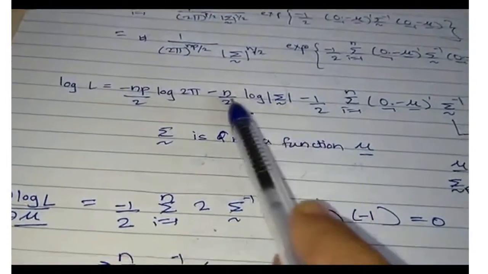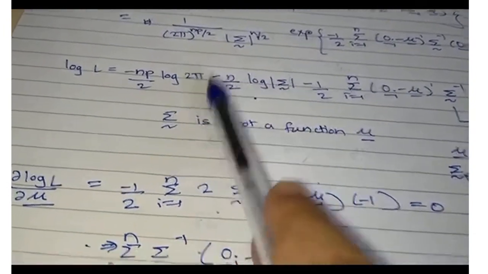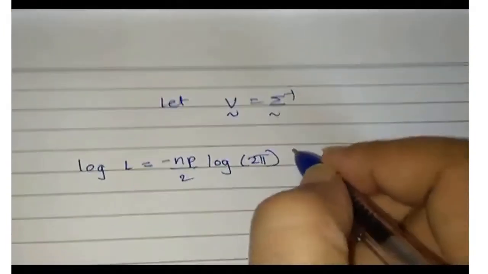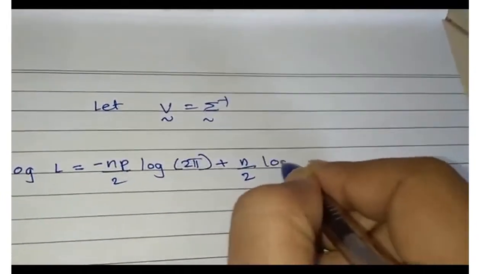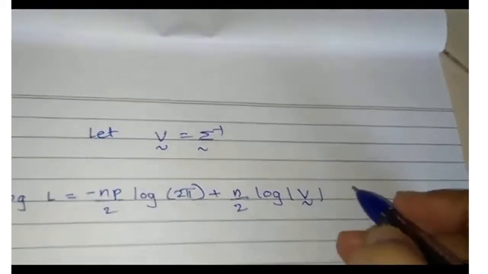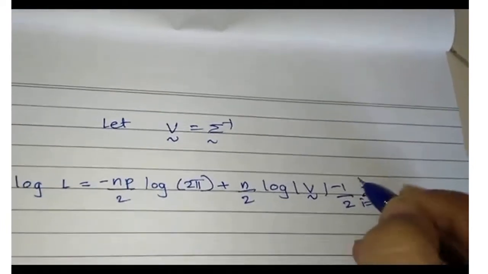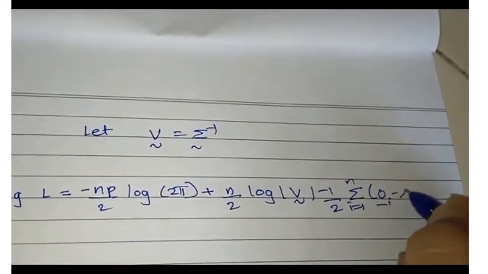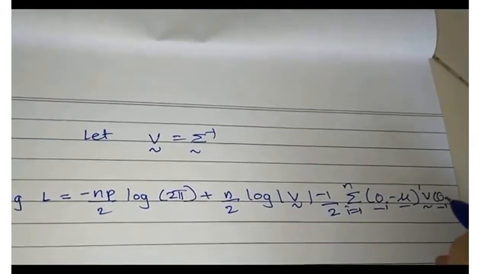Sigma inverse is V, so if I take sigma inverse here, the minus 1 would go there and this would become plus. So I would have plus n by 2 log of determinant of V and then minus half summation i going from 1 to n of (o_i minus mu)' V (o_i minus mu).